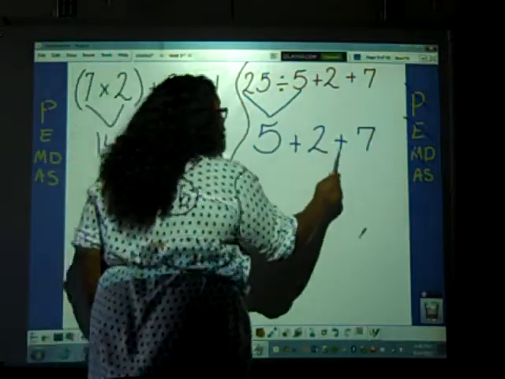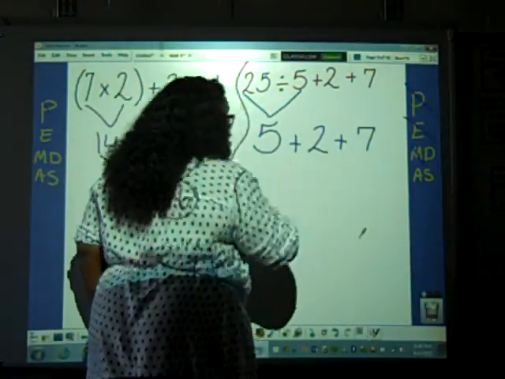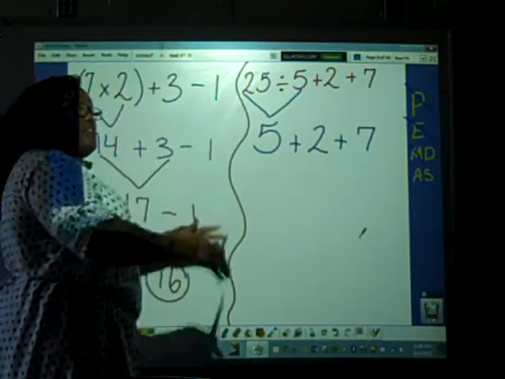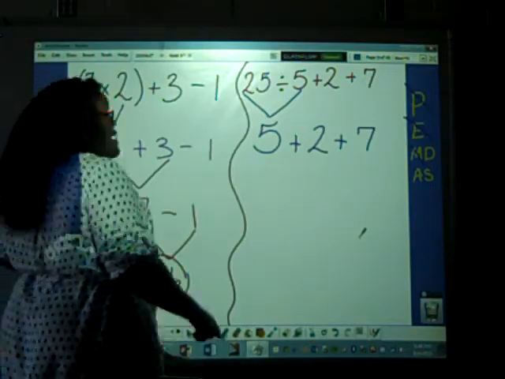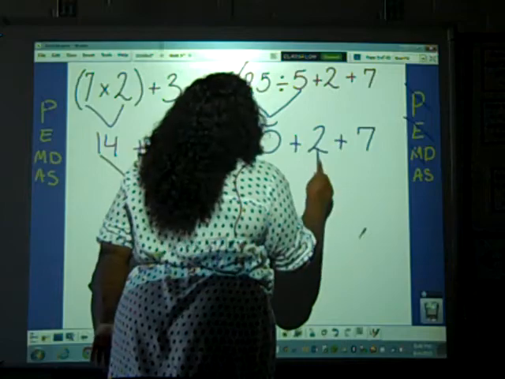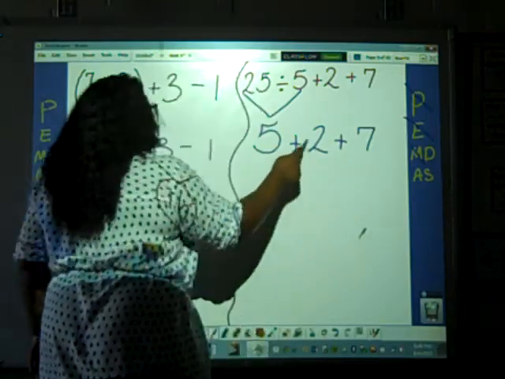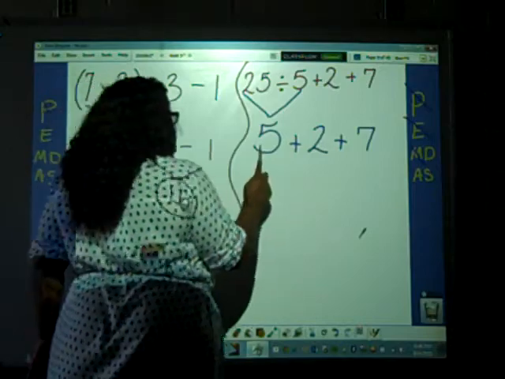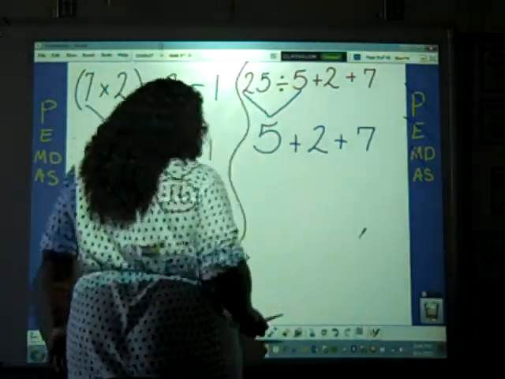Now, all I have left is an addition sign and an addition sign. So what am I going to do? Add all three of those numbers up. Now, it doesn't matter if you decide to say 7 plus 2 plus 5. You're still going to get the same answer if you do 5 plus 2 plus 7.